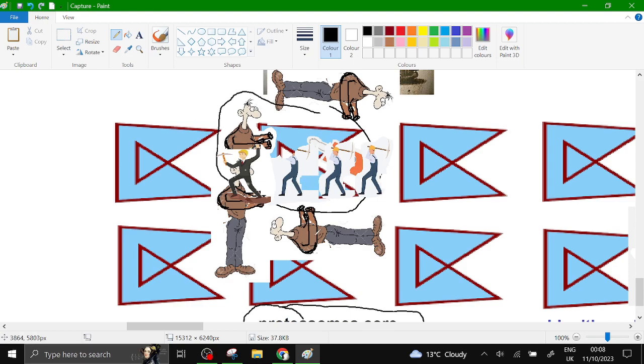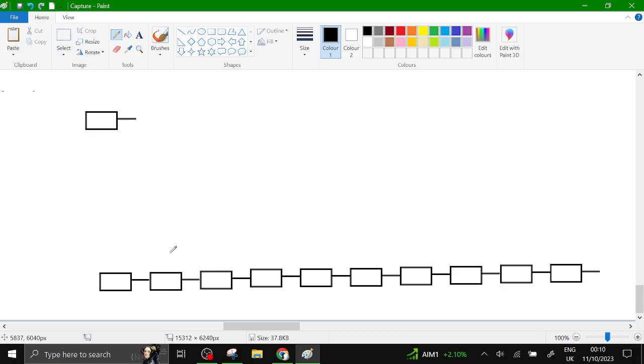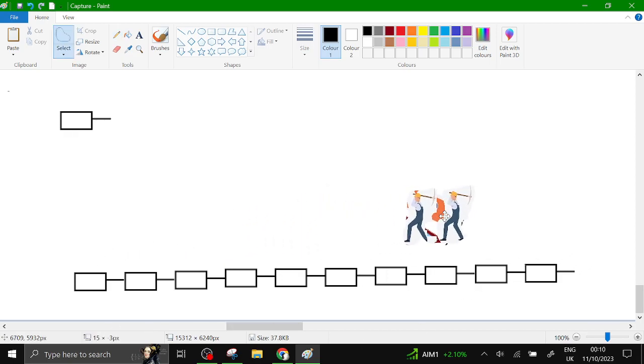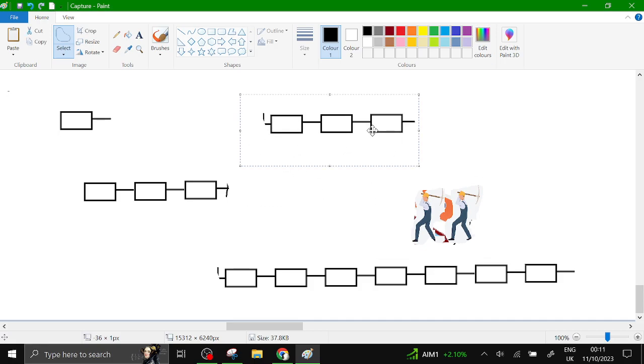And to make sure that this protein is completely removed, to make it easier for the body to get rid of it, the proteasome, let's suppose that this is a protein, will make it smaller by breaking down the bonds, as you can see here.